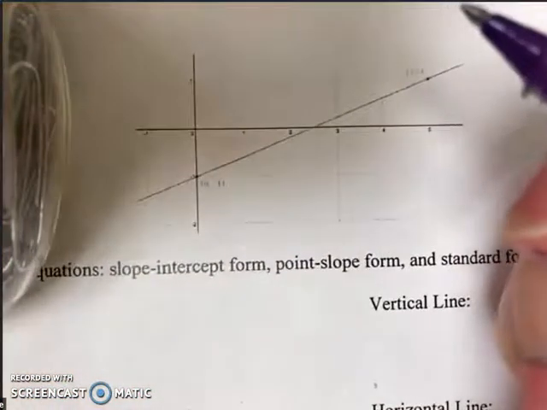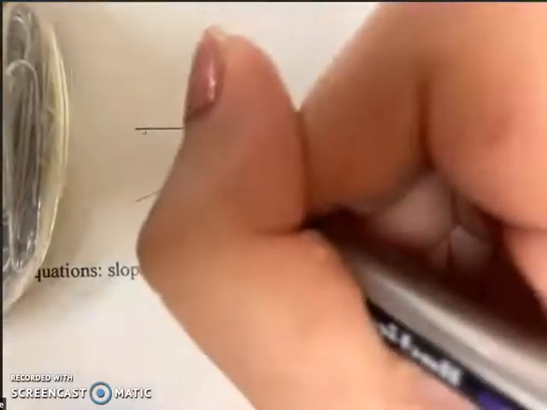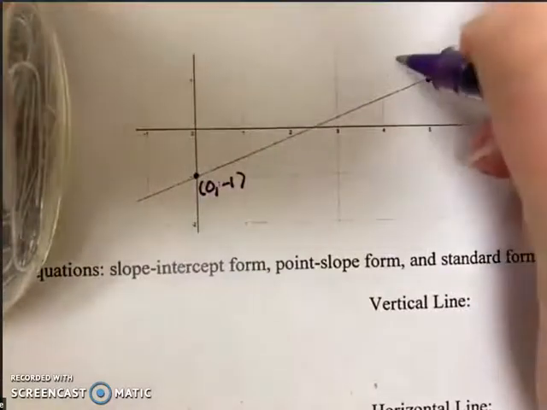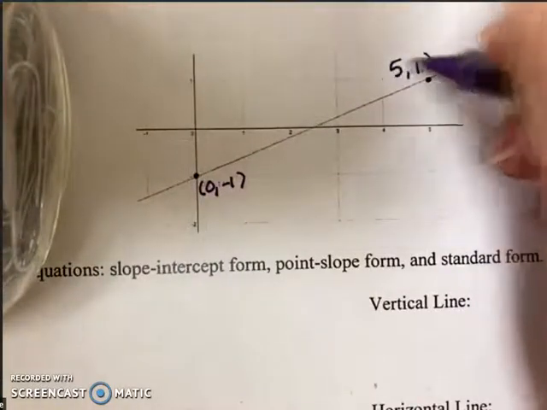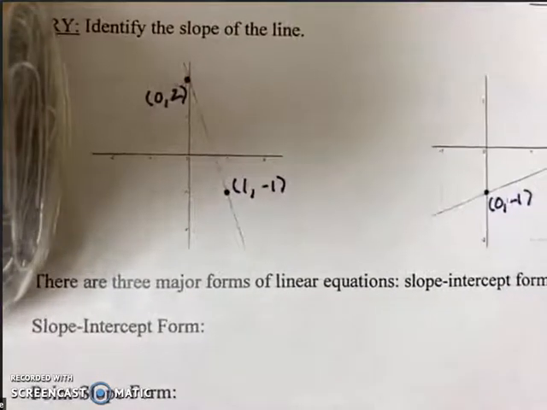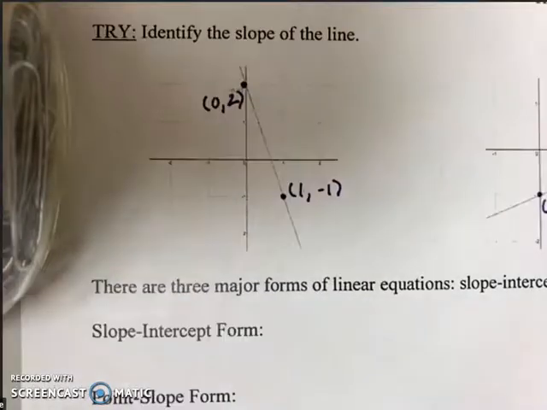On the second graph, the 2 points are located at (0, -1) and (5, 1). Go ahead and pause this video and please identify what the slope of the line would be.